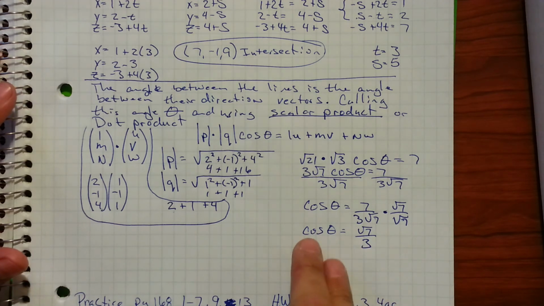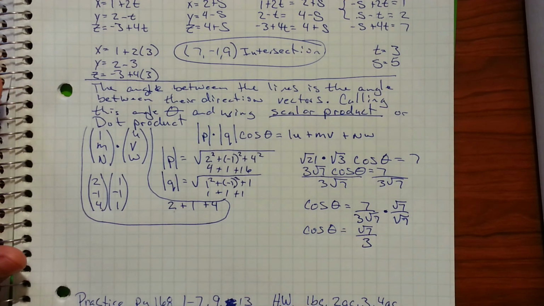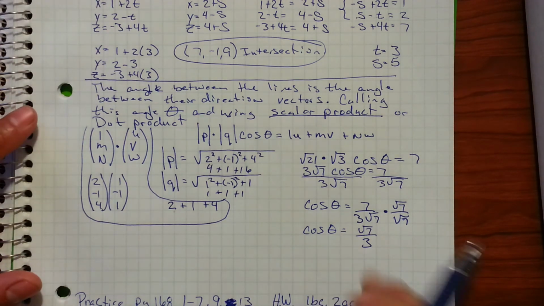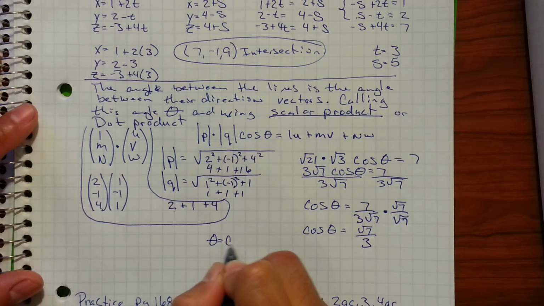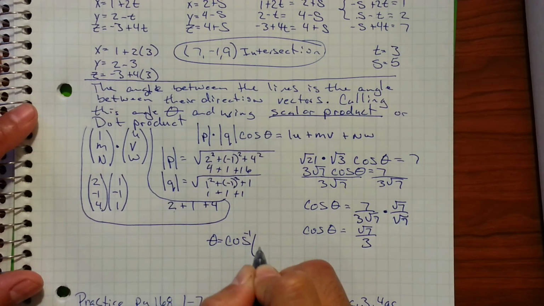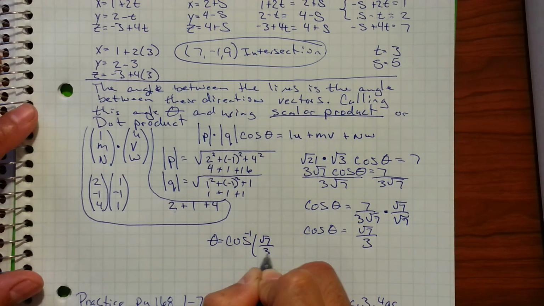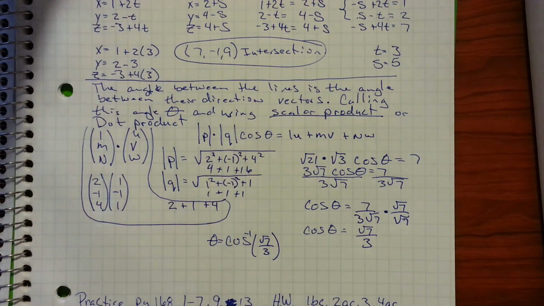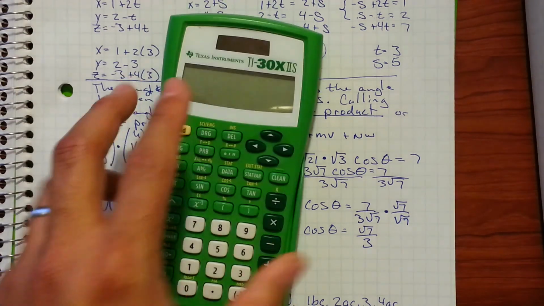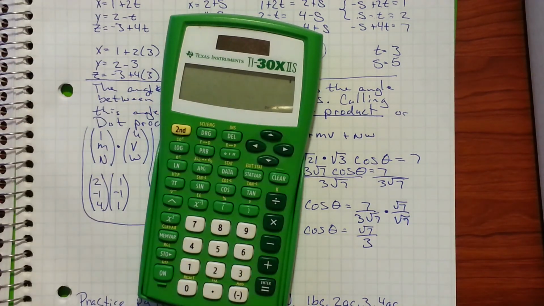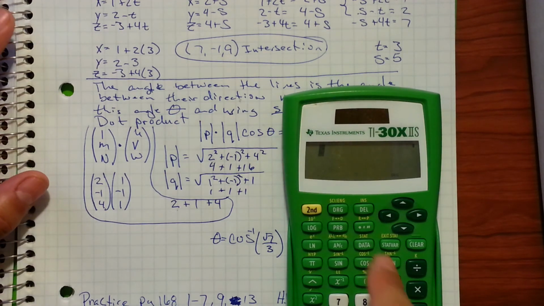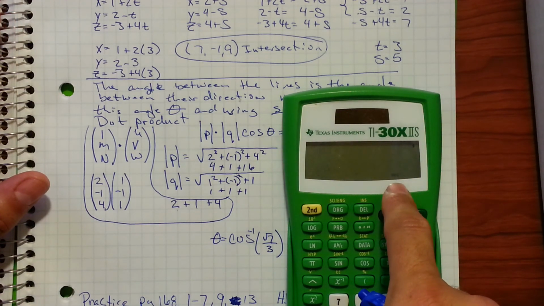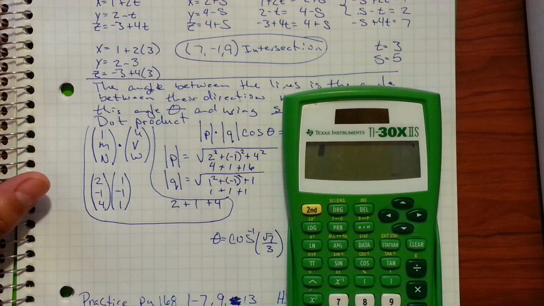Now that's giving me cosine theta. If I was looking for the angle here, I have to get it by itself. So theta is equal to cosine inverse of square root of 7 divided by 3. So let me grab my calculator. Make sure that it's in degrees, because that's what we're usually looking for when doing it like this.